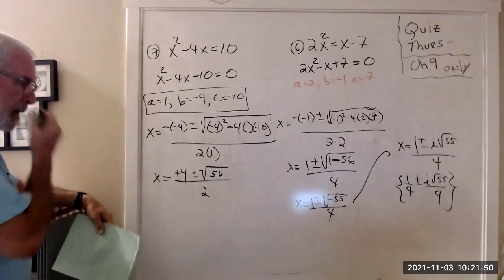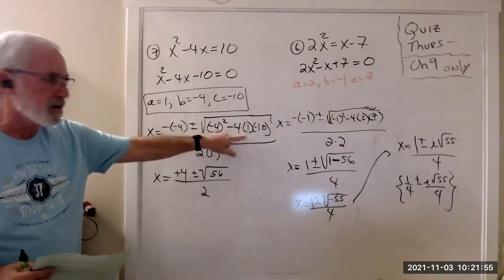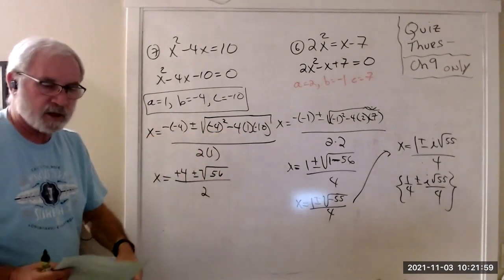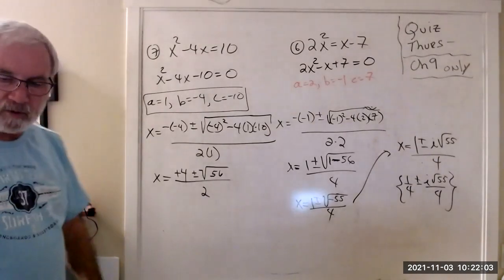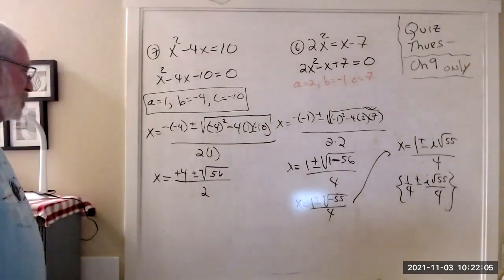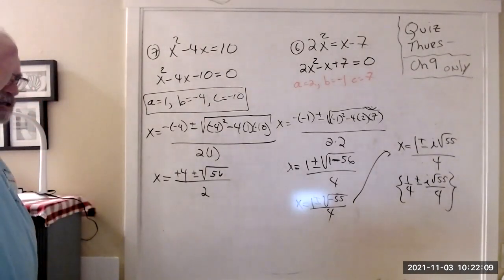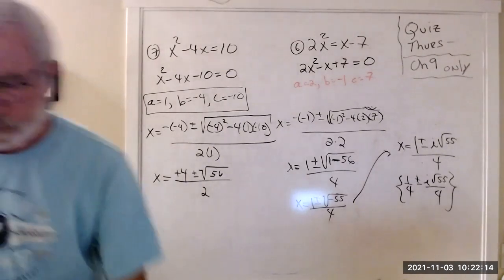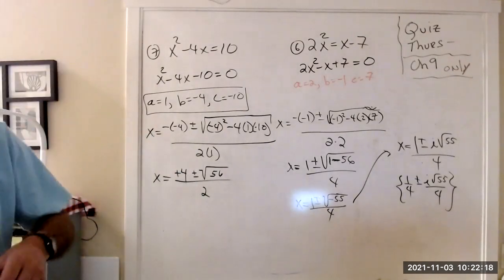Okay. Again, if I'm doing a lot of my arithmetic now in my head, if you want me to explain how I got 56 inside, I can do that in a minute. But wait a minute, what happens to 56? Doesn't it simplify? Don't you always have to worry about whether your square root simplifies?